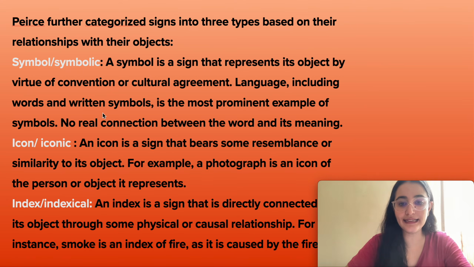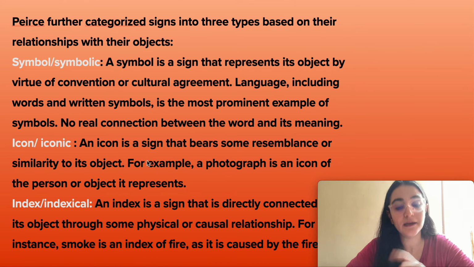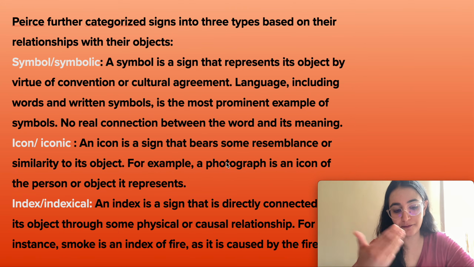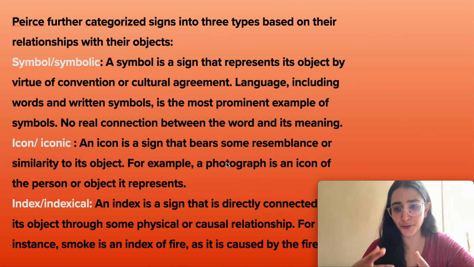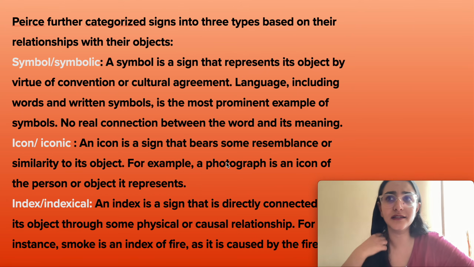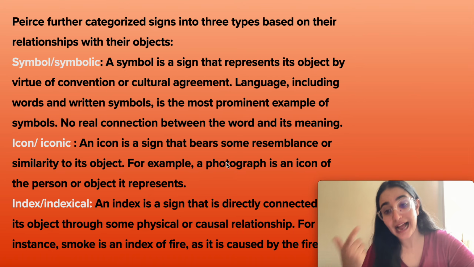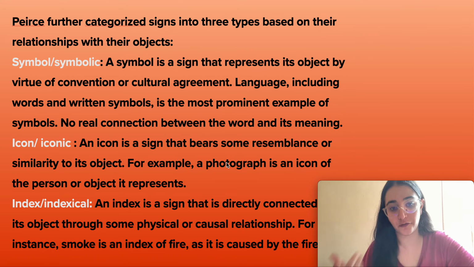An icon is a sign that bears some resemblance or similarity to its object. Another example is a photograph of a person. If you are looking at a photograph, obviously you will think about the person who is there in the photograph. So a photograph is an icon of the person that it represents.